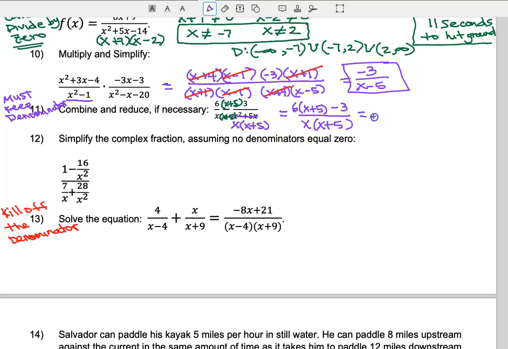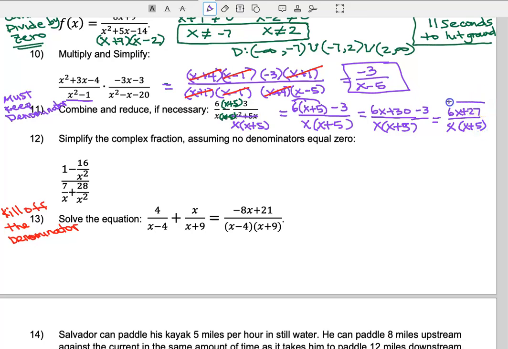All right, so the bottom is going to stay the same. We just need to figure out how to simplify the top here. So distribute this through. We get 6x plus 30, and then minus 3. So we just need to subtract that. So we've got 6x plus 27 all over x times x plus 5.